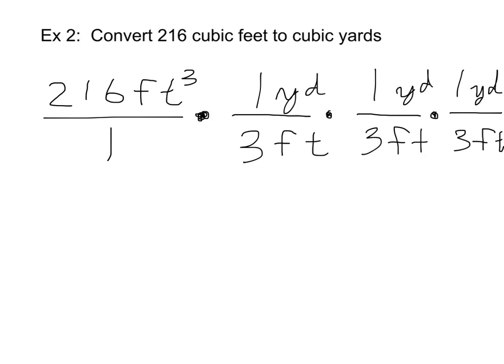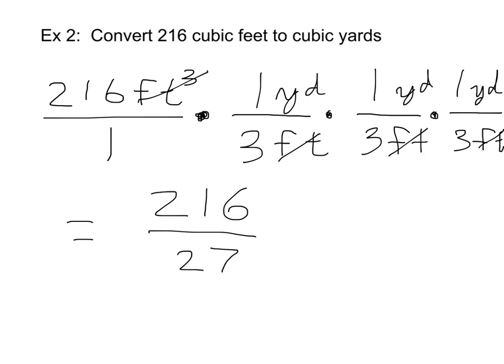And now if we go ahead and cancel out our units, 3 on top cancels out 1, 2, 3. And now when we go ahead and multiply our numerators, 216 times 1 times 1 times 1, in the numerator we get 216. And our denominators, 1 times 3 times 3 times 3, we get 27.